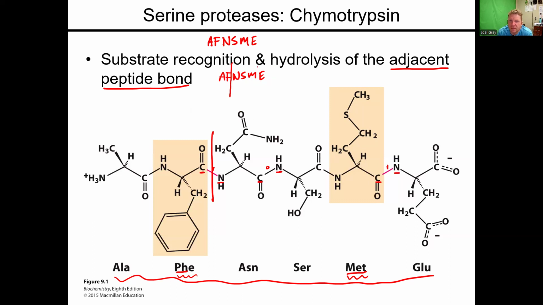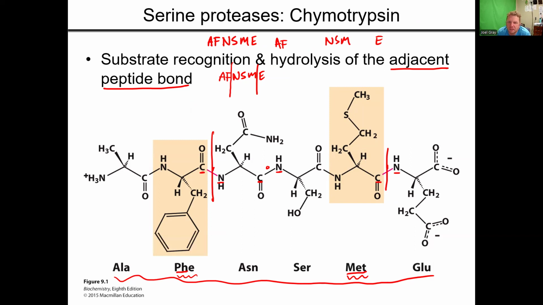Then it's going to cut after methionine. So it's going to cut here and here. So the polypeptides that are going to result from chymotrypsin cutting this are AF, that's a dipeptide, NSM, and E. Those are the polypeptides that will result.